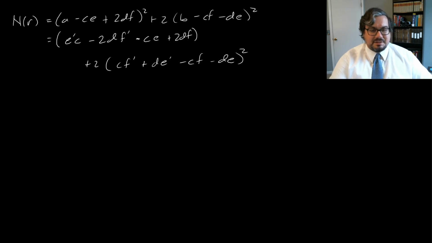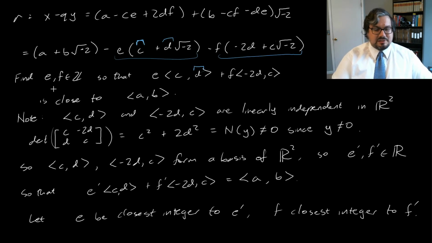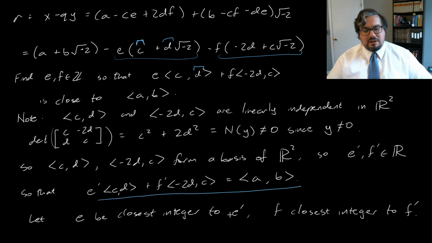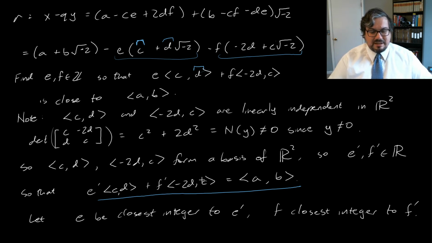So this is just using this equality right here. a is equal to e prime c plus f prime times negative 2d. b is equal to e prime d plus f prime times c.